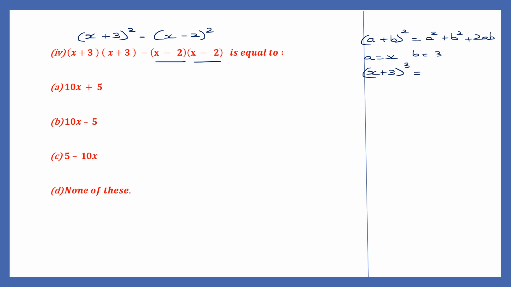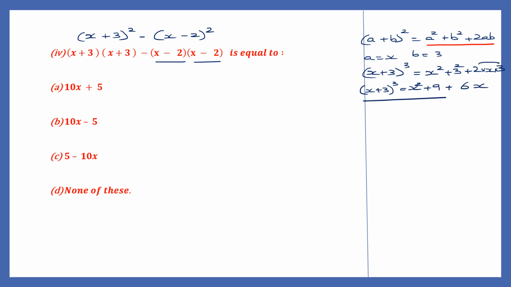So let's substitute. So a square, here the formula is a square plus b square. So a square means x square, plus b square means 3 square, plus 2ab, that is 2 into x into 3. So x plus 3 the whole square will become x square plus 3 square is 9 plus 2 into 3, 6x.